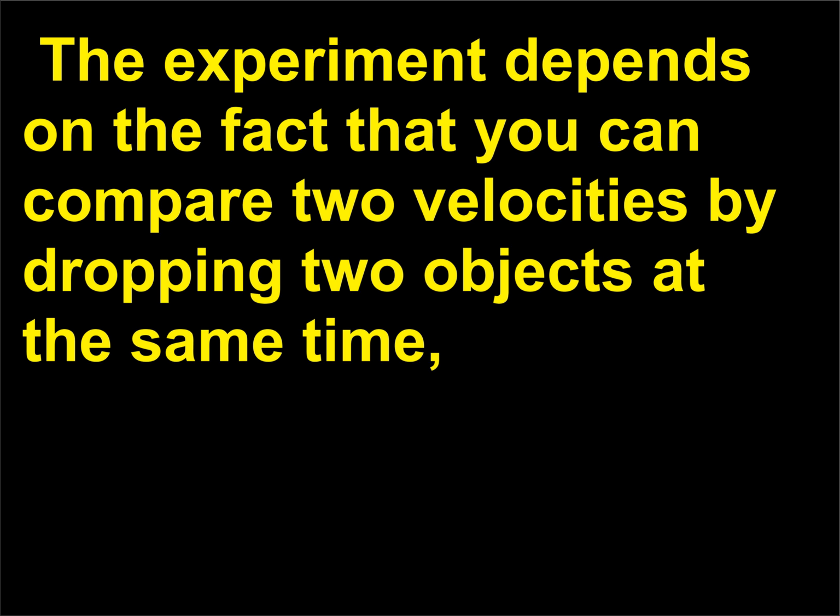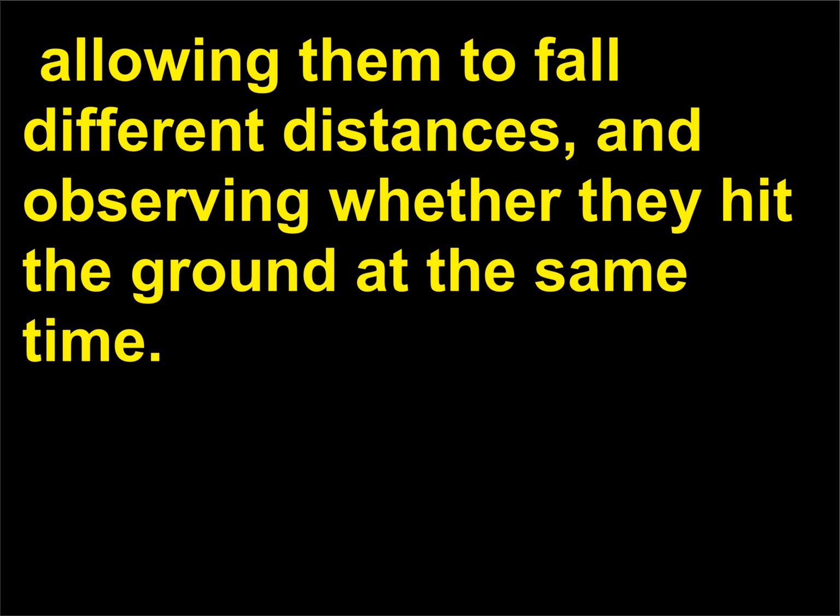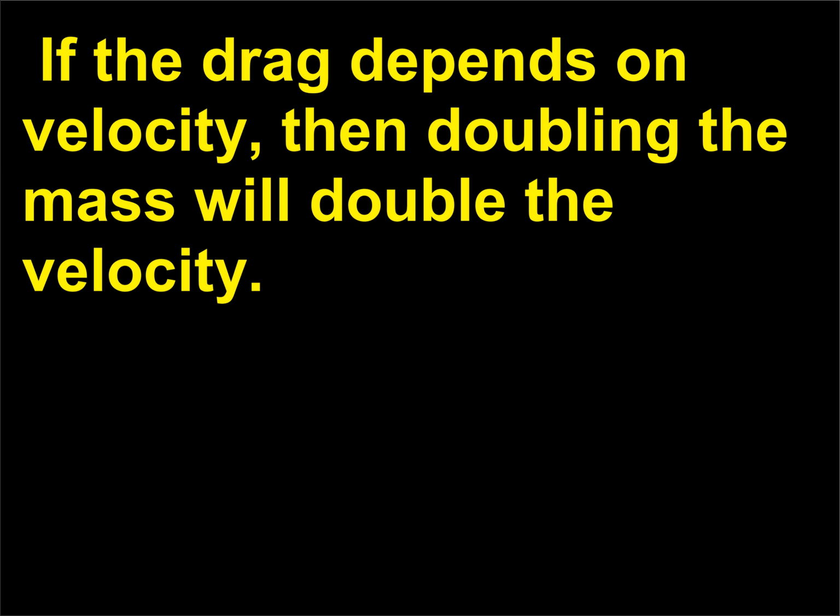The experiment depends on the fact that you can compare two velocities by dropping two objects at the same time, allowing them to fall different distances, and observing whether they hit the ground at the same time. If the drag depends on velocity, then doubling the mass will double the velocity.